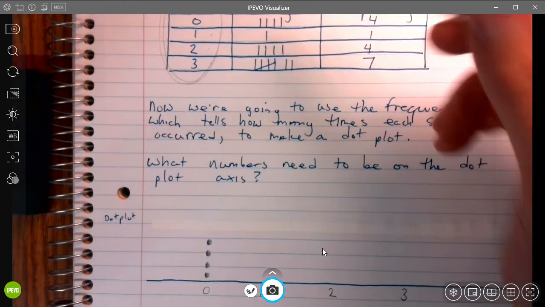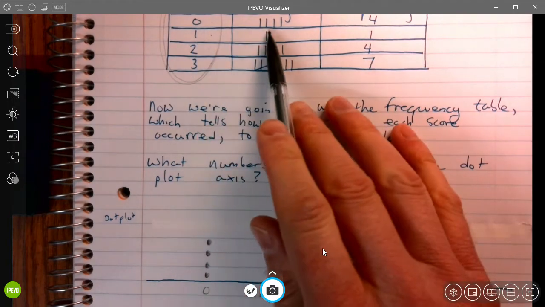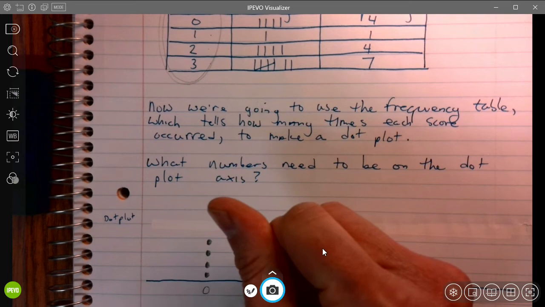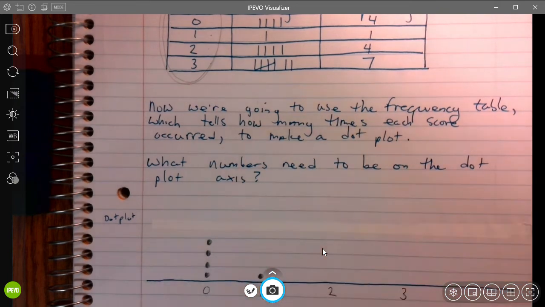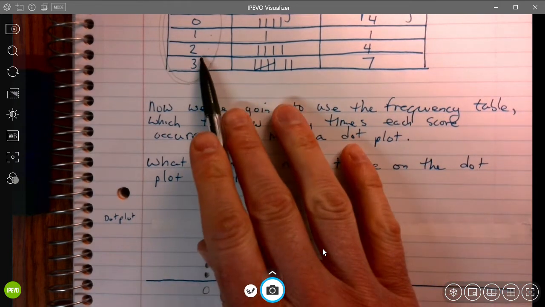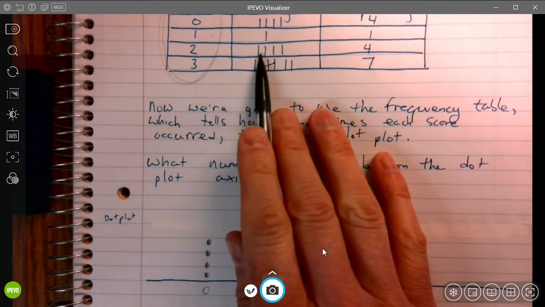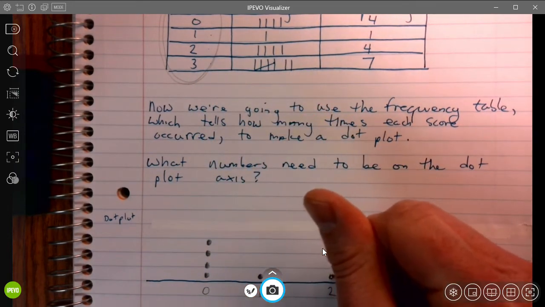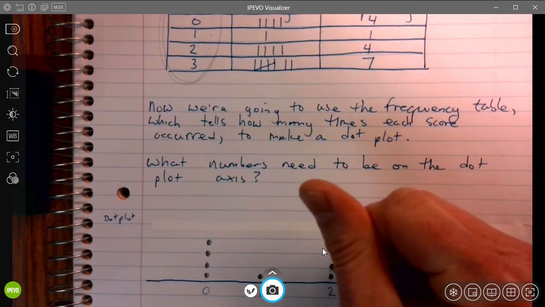How many students got a score of 1? 1 student got a score of 1. So I'm going to put 1 dot for that 1 student. How many students got a score of 2? 4 students got a score of 2. So I'm going to make 4 dots for those 4 students.